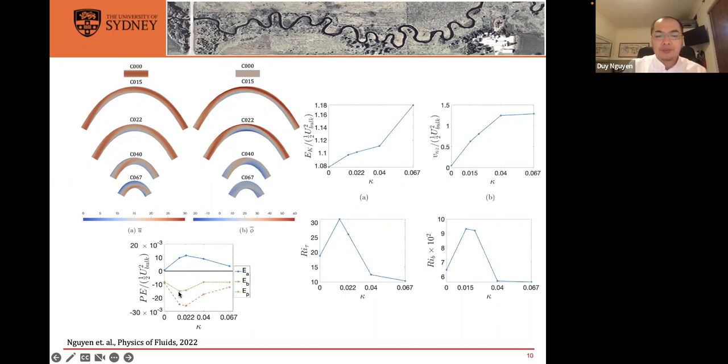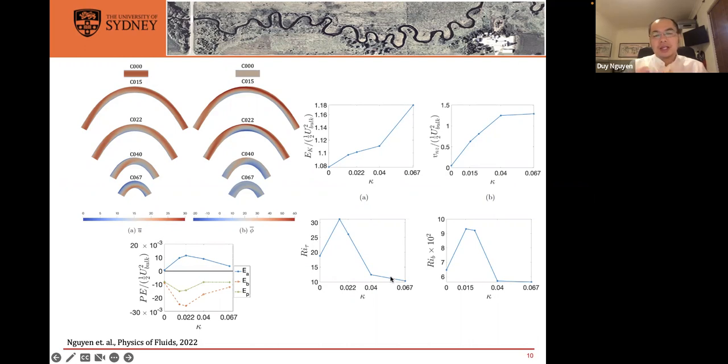The magnitude of the total potential energy decreases from the straight case to the lowest curvature case, but then after that it increases as we increase the curvature.